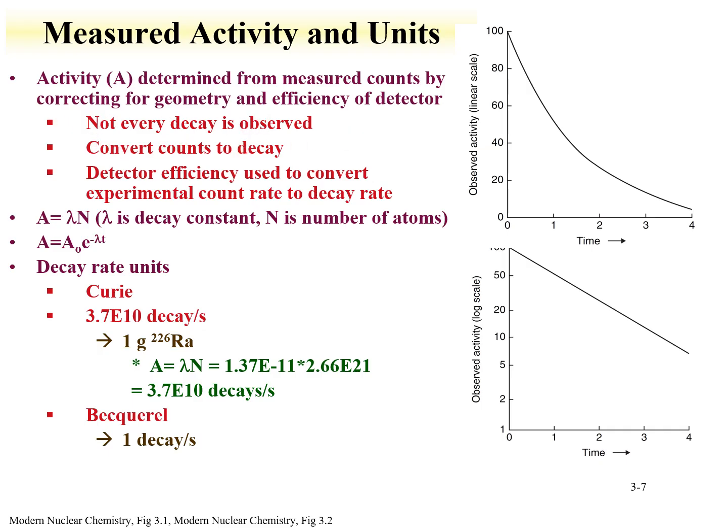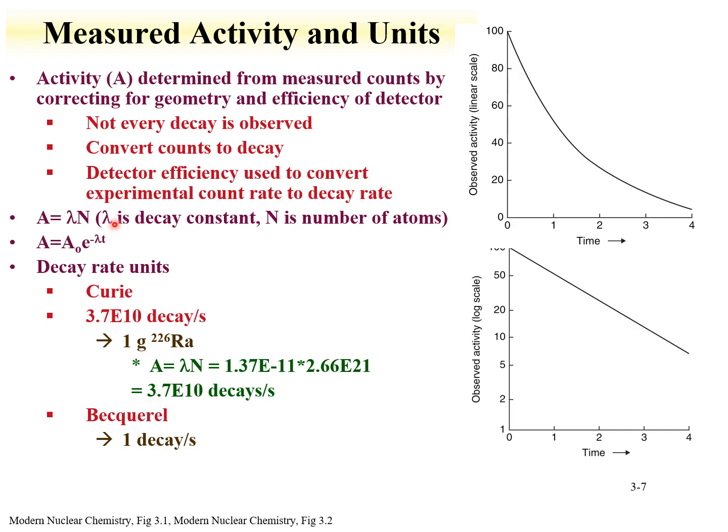So we need to be able to convert counts to decay. For a given detector, its efficiency at detecting the radioactive decay can be determined, and that value is used to convert experimental count rate data to decay rate data. For calculating the activity, the fundamental equations can be used.